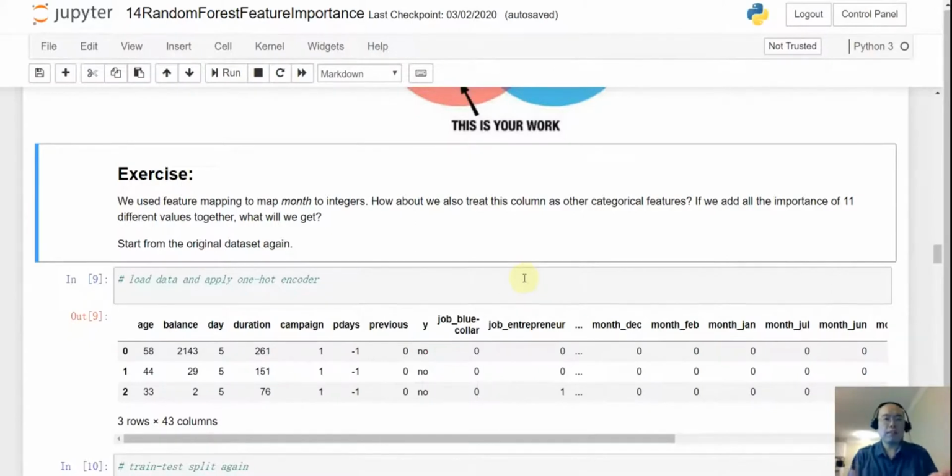So for example, if we all know we are living in a touristy town in the summer, this means June, July, August, September are the busiest months. In this case, are we going to treat June, July, August, and September as 6, 7, 8, and 9?